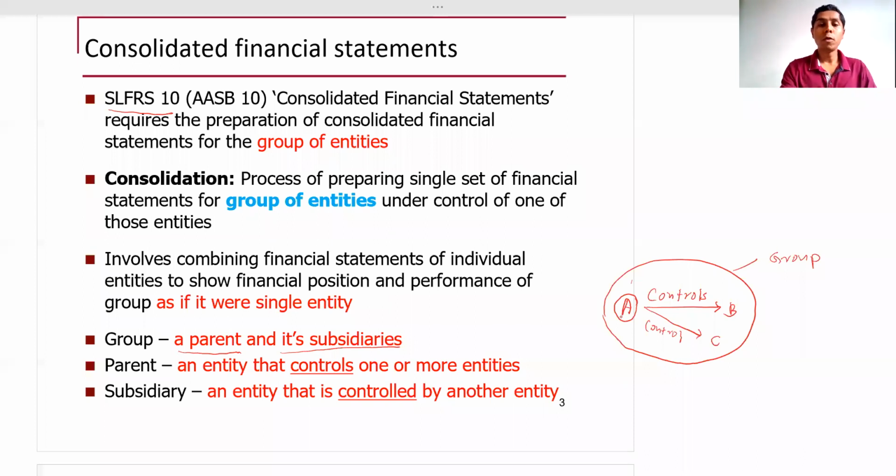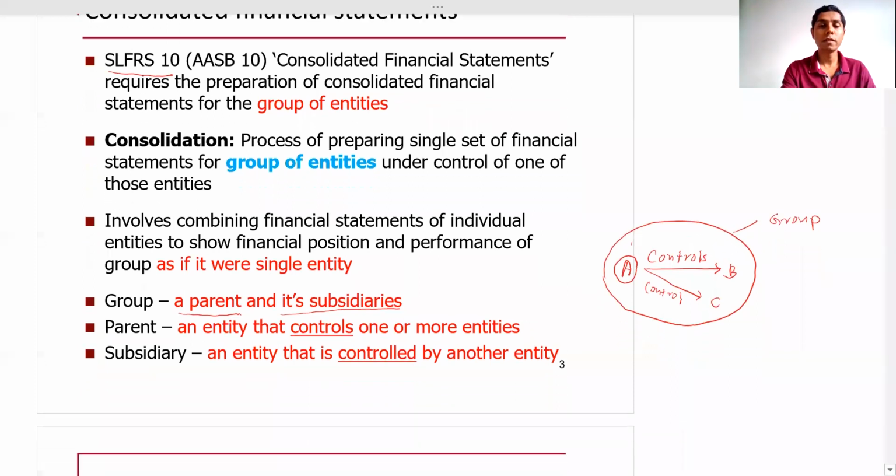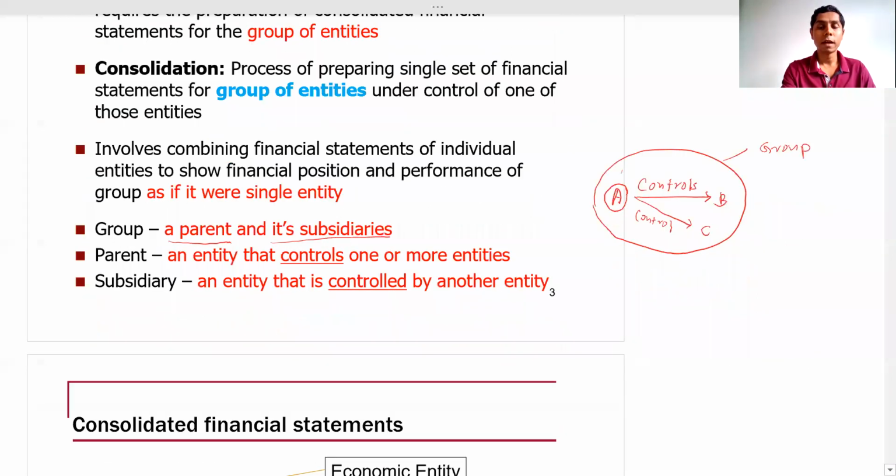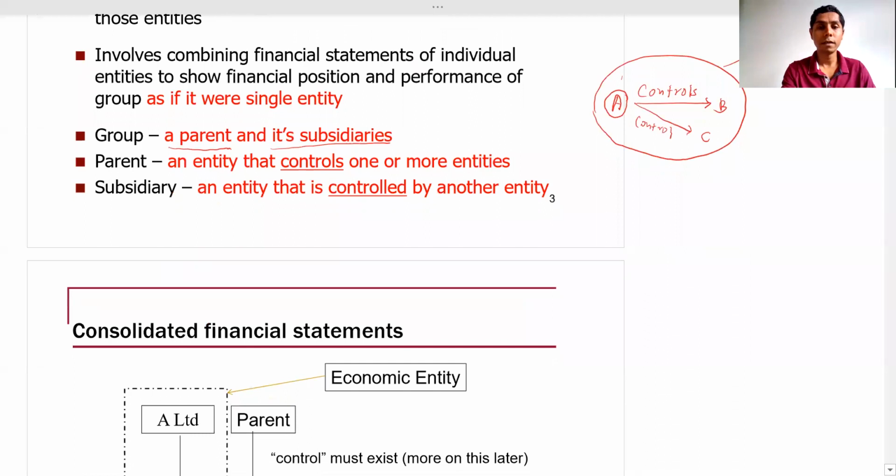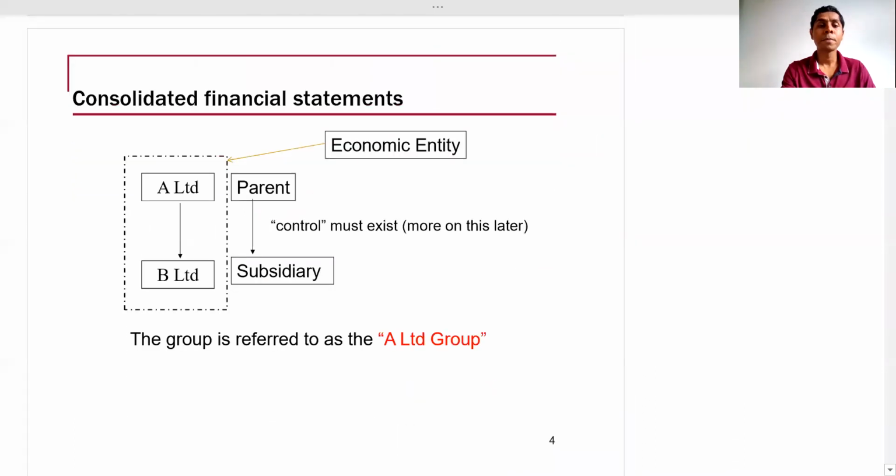Hope you got the basic idea. This is very basic. You might think that I am insulting you by telling these basic things. This is what I wrote there. A Limited is the parent company. B Limited is the subsidiary company. The entire group, the parent and its subsidiary company, is called the group.